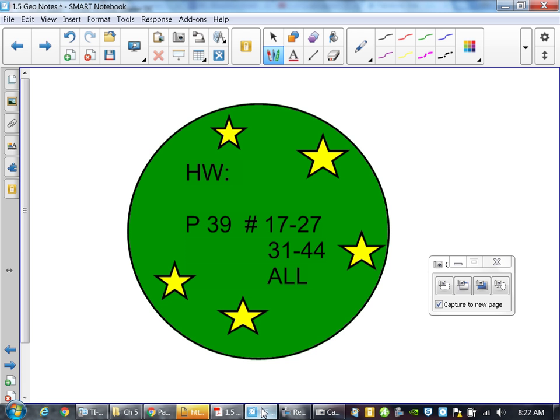Go 31 through 38. So it's 17 through 27, 31 through 38. Of the 17 through 27, only 3 have algebra. The other 8 are just list what kind of angle it is. And then there's 3 more. There's 6 algebra questions, and the other 10 or so are just what kind of angle is it.